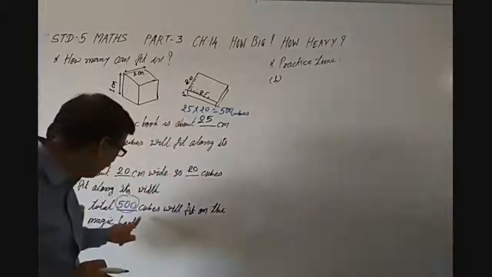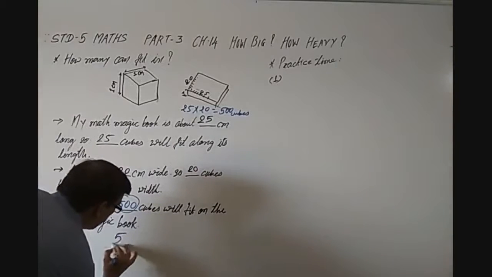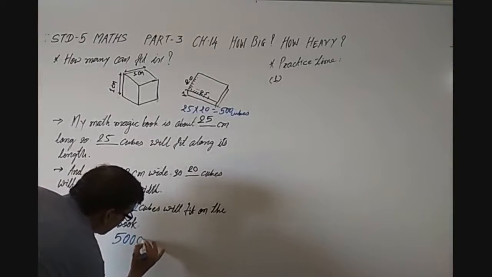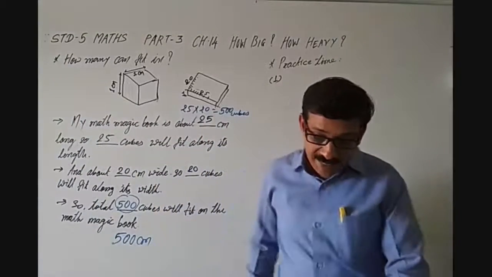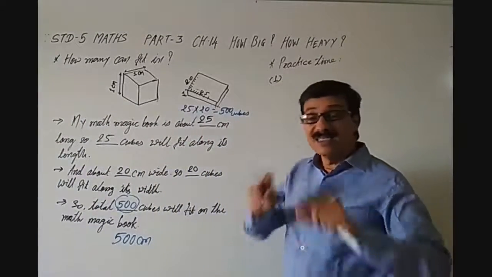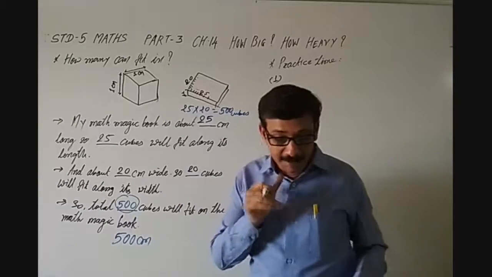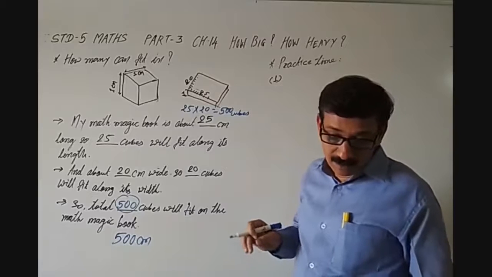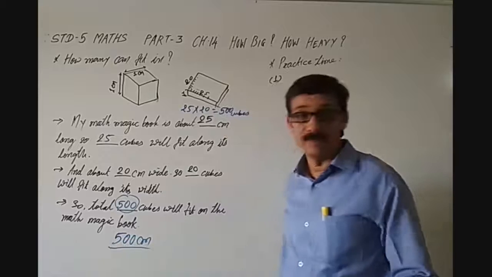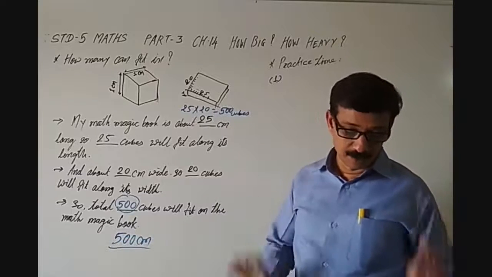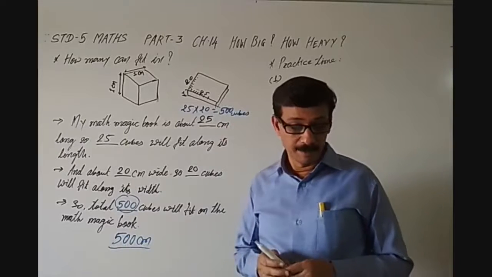So the length of 500 cubes will be 500 centimeter, isn't it? So if we arrange all these 500 cubes in a single line, then the length of the line will be 500 centimeter.